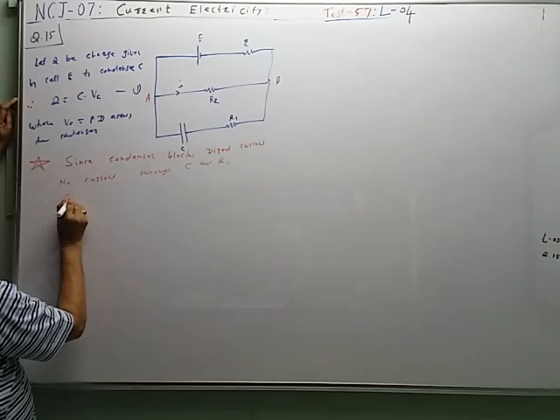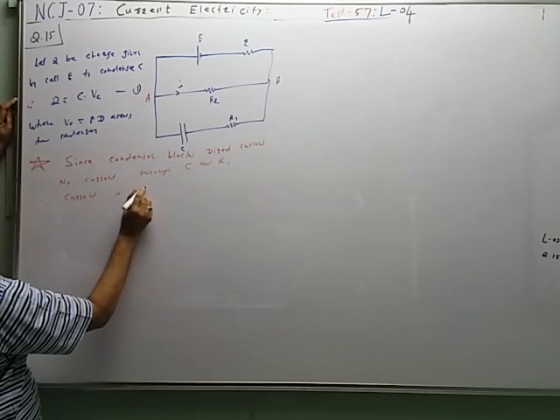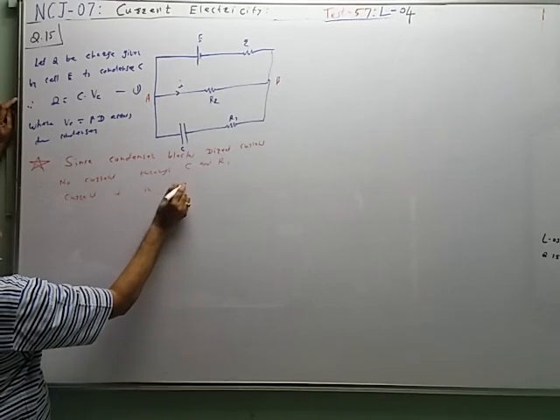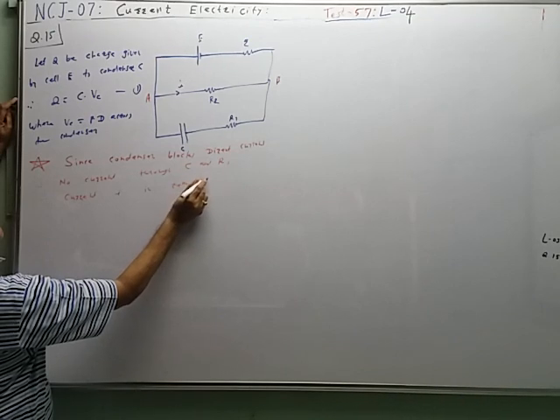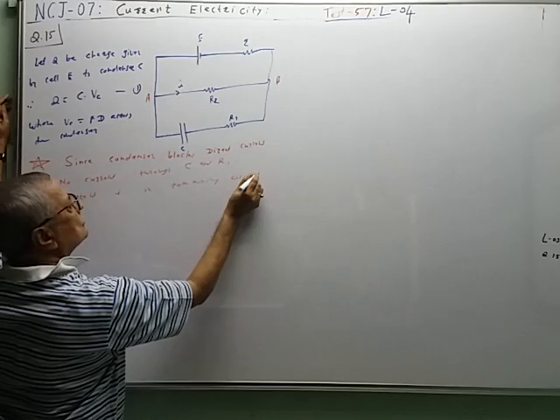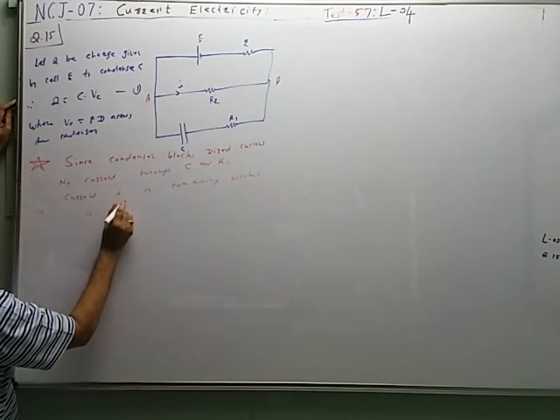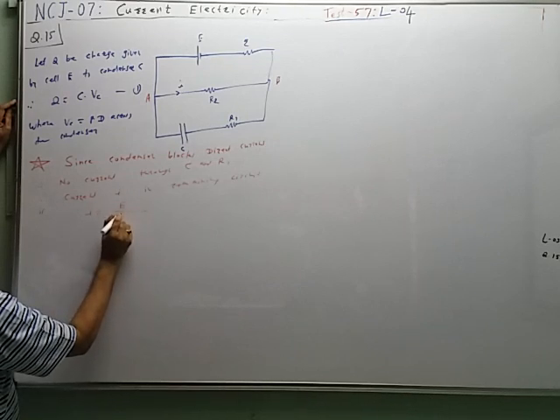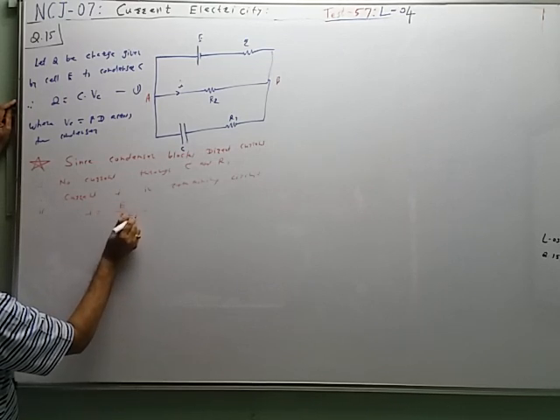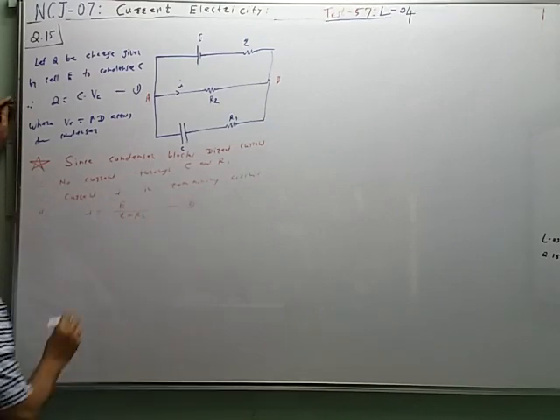Therefore, current I in the remaining circuit is I is equal to EMF E upon total resistance R plus R2. So this is equation second.